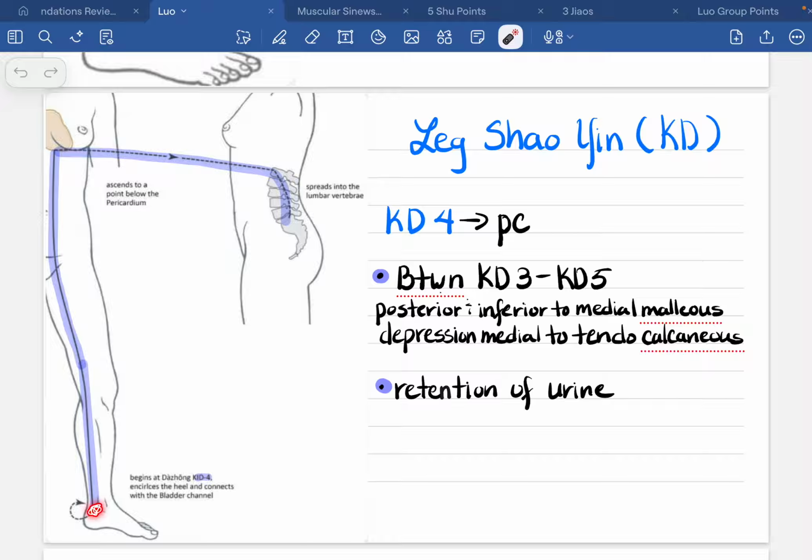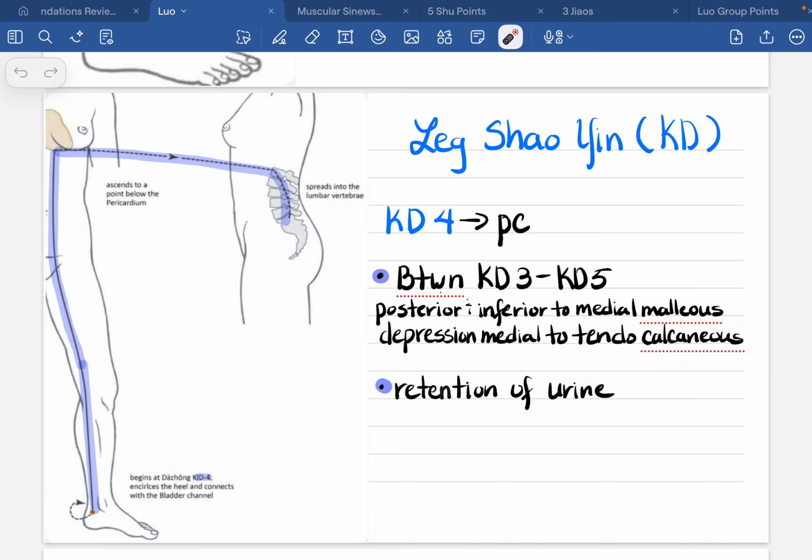So right here is posterior and inferior to the medial malleolus. It's in the depression medial to the tendocalcaneus. This you may want to know. This calcaneus happens to be by the foot area, of course, so that is the reason why this gets repeated a lot, especially for the kidneys. So this is a good landmark to know.